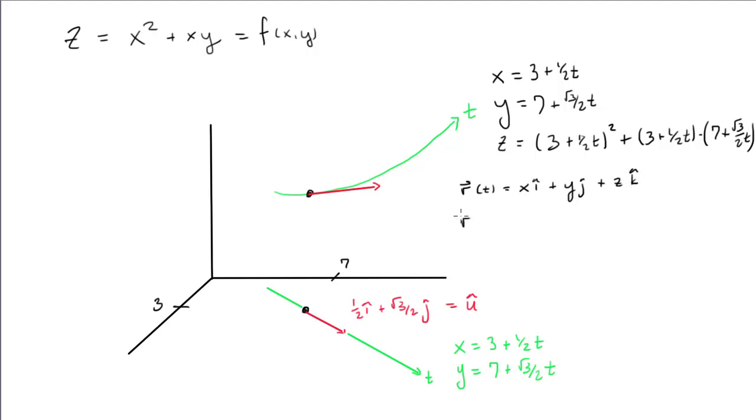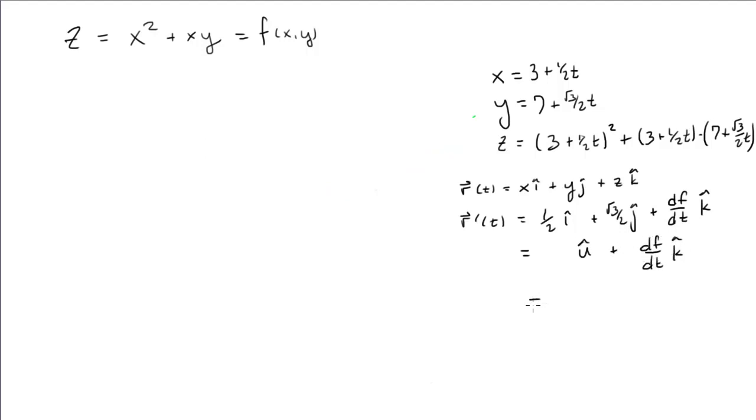Tangent vector is derivative. This is our tangent vector from before, but it's also dx/dt, dy/dt, and dz/dt, but since z is f, it's df/dt.